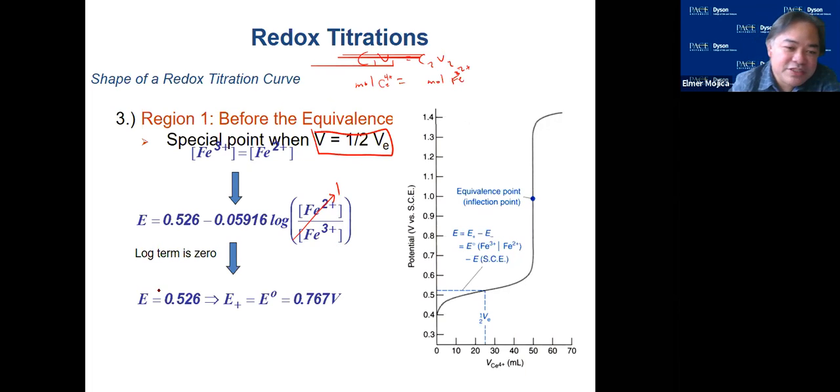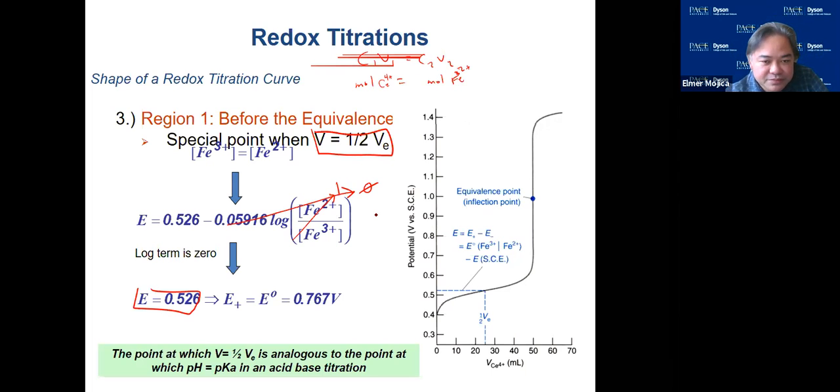So you end up having this amount because this one will all become 0. So 0.526. Okay. So the point in which the volume equals 1/2 of the equivalence volume is analogous to the point in which the pH equals pKa in an acid-base titration.